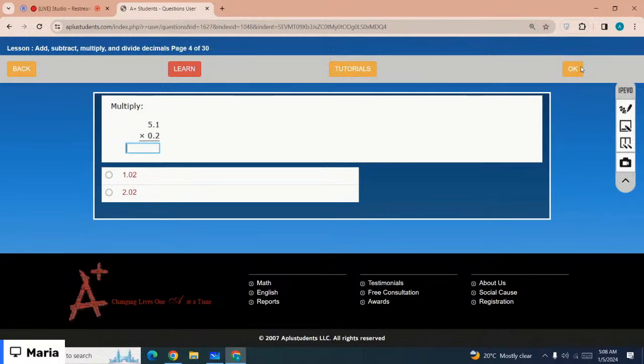Yes, the correct option is option number 1, that is 1.02. Very good.